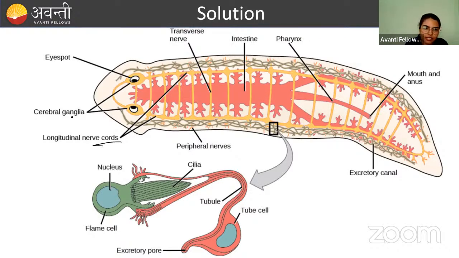Okay, these are nerve cords, and this is ganglia. The people who don't know, ganglia is nothing but a group of nerves. The small nerves will form a group that will be called ganglia. Apart from that, there will be pharynx here. तो pharynx आपको देखने को मिलेगा बेटा. It is a muscular pharynx, but it will be having only one mouth.